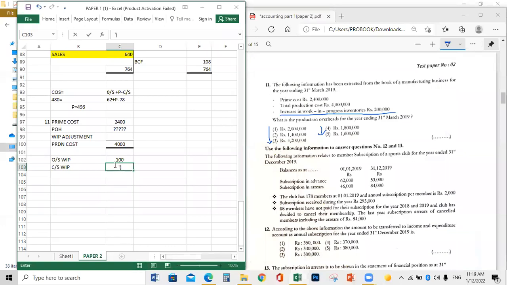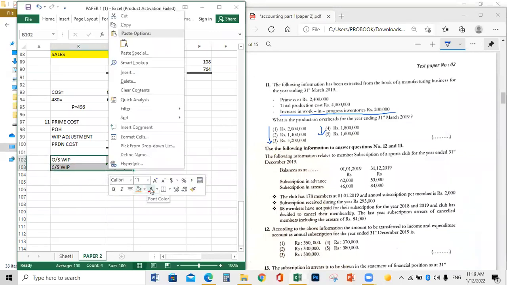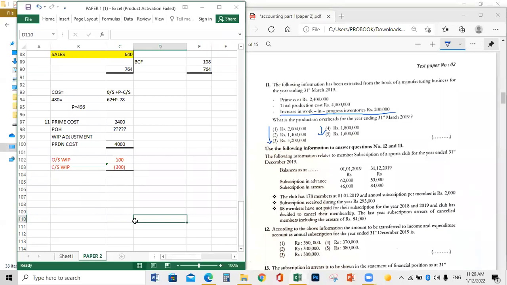Now, if you want to find out whether you should add or deduct, and you forget the easy way, you can do it like this. Should you add or deduct? 100 minus 300. The net amount is deduct, guys. It will become 200 minus.